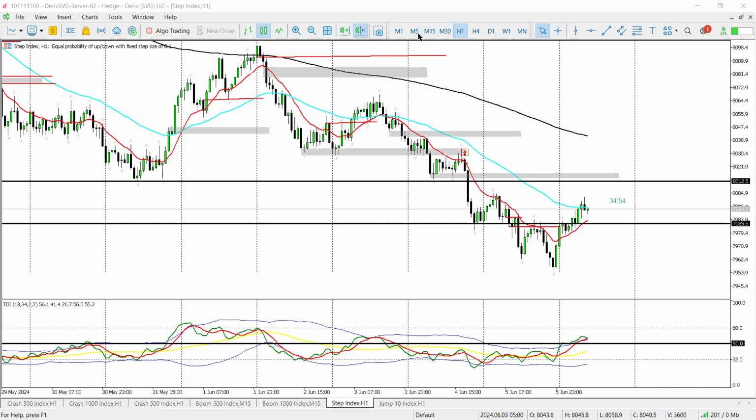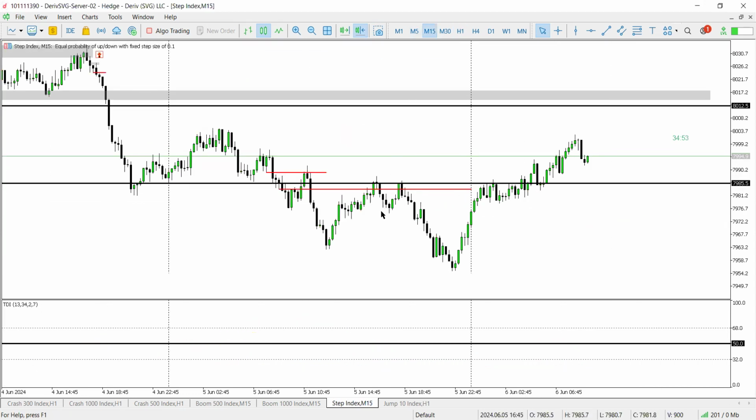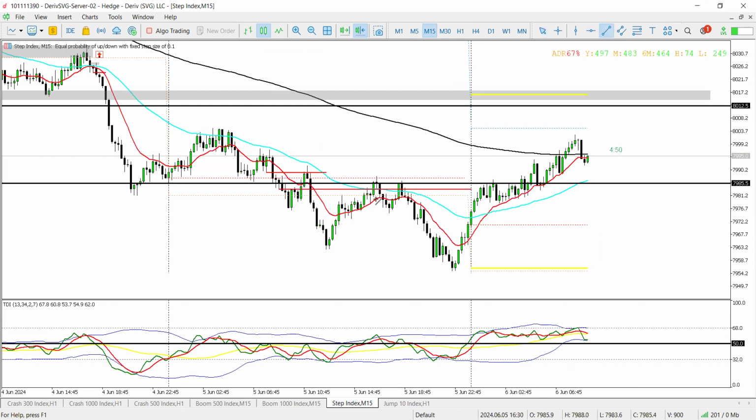M15, you could have found a nice pattern as well. So if you look at this is the last lower high, this is your order block. Price comes, you can sell here, but your stop loss has to be outside the range. So price comes back, then comes back down below that order block, breaks and retests both this and this one. So you could still have sold right there and even taken profit right here.